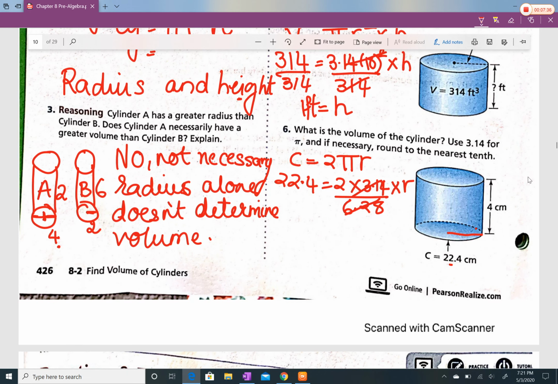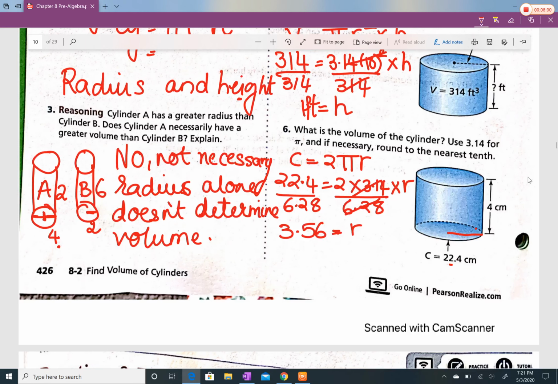So I'm bringing it to the other side, 6.28. So 22.4 divided by 6.28, you get 3.566, so equals r.